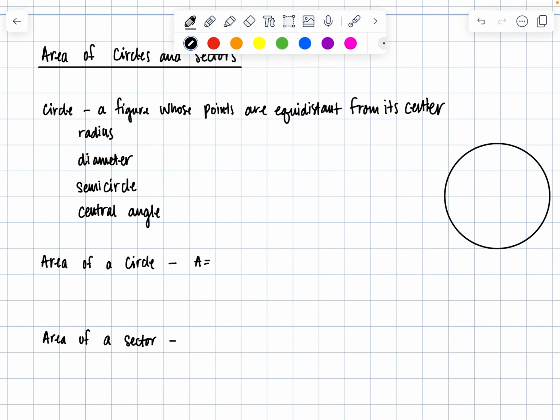So if we have a center point in this circle, we could then say all of these points that land on the circle have the same distance all around. So that is your definition of a circle.